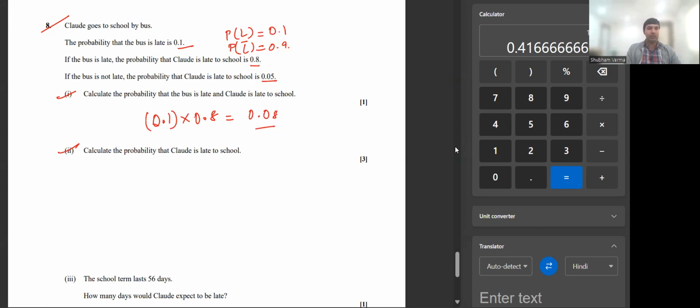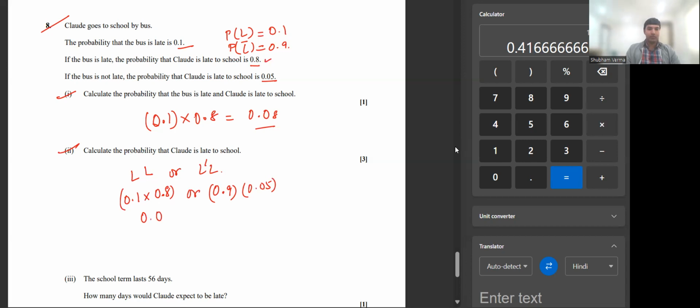Next part, calculate the probability that Claude is late to school. So he could be late in two ways: if the bus is late and he is still late, or if the bus is not late but still he is late. So there are two possibilities. 0.1 multiplied by 0.8, or bus is not late is 0.9 and then Claude is late, that probability is 0.05.